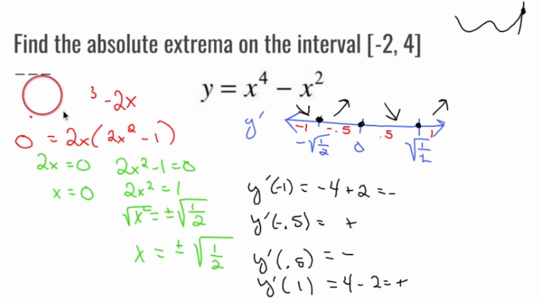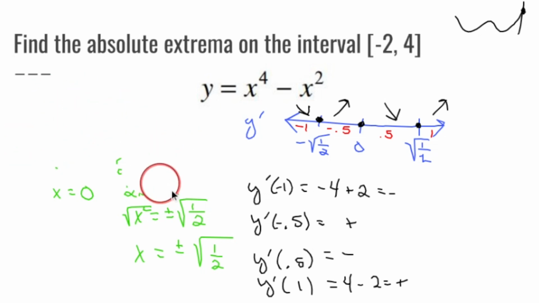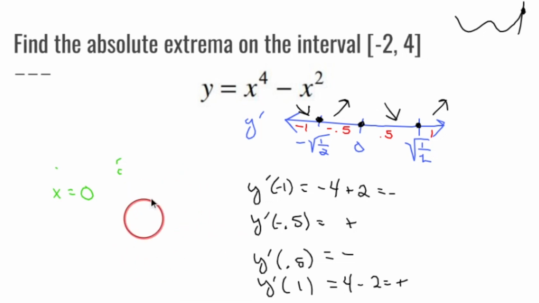Yeah. So I'm going to take my 3 critical points and my 2 endpoints and plug them into the original equation to see what values I get. The largest value is going to be my absolute maximum, and the smallest value is going to be my absolute minimum.